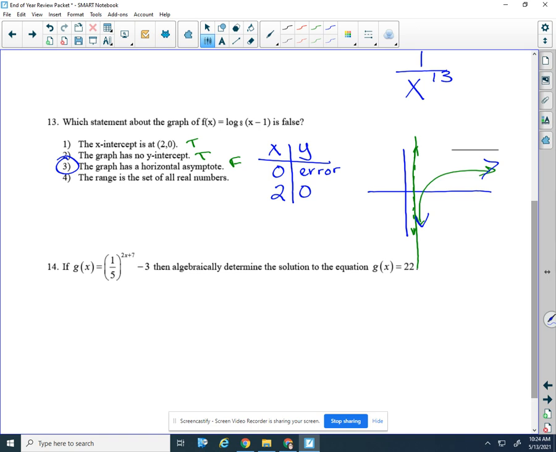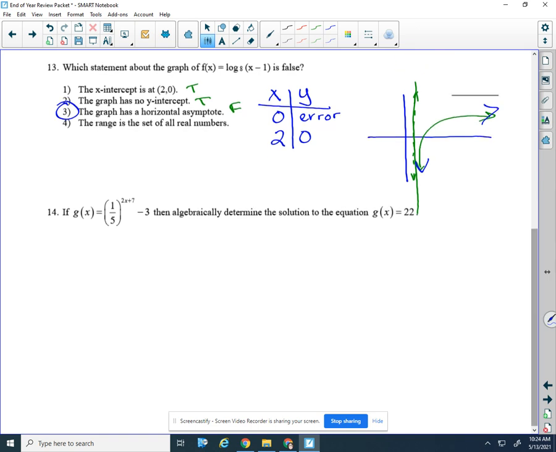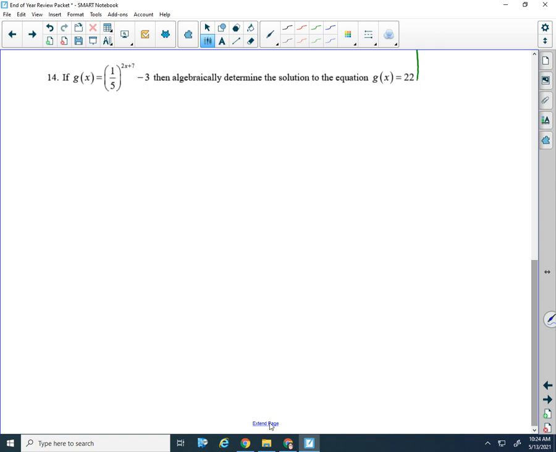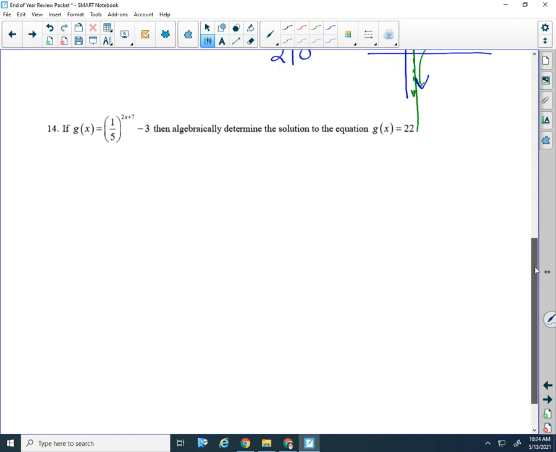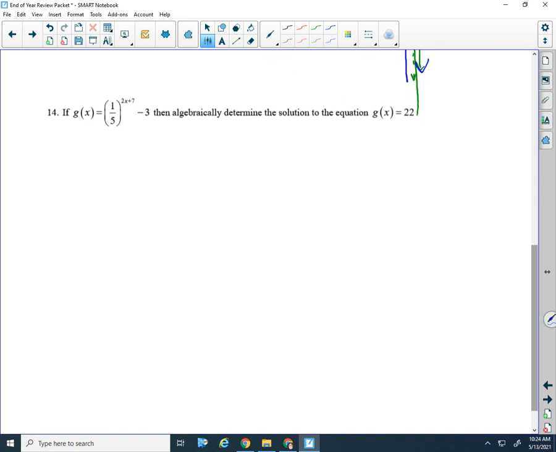Now number 14 is similar to number 11. So what I would do is pause this, try this on your own, and then come back and watch the video to see how you did. G of x equals 22, so we're going to put that in here.